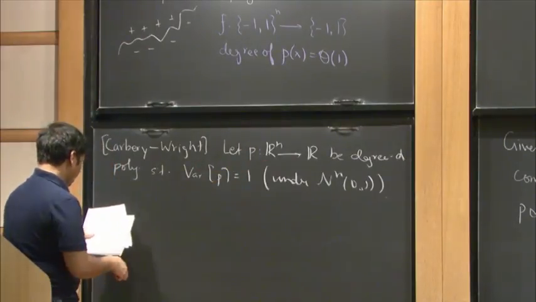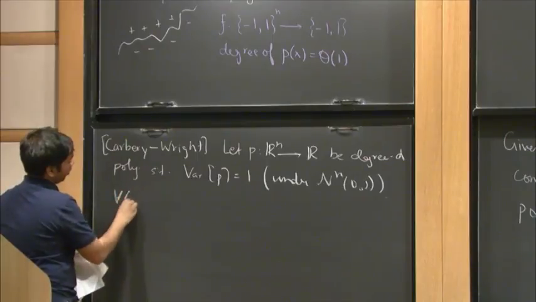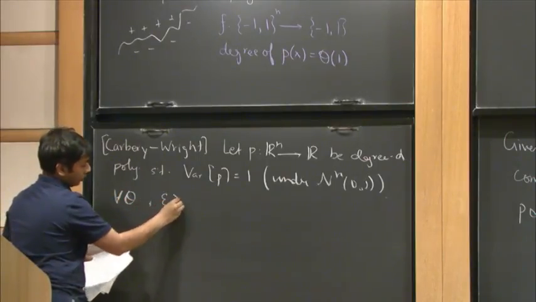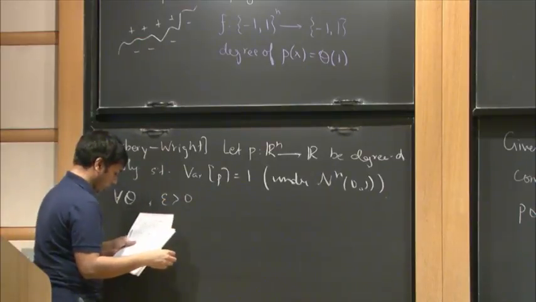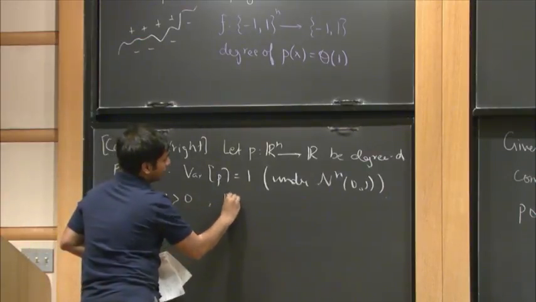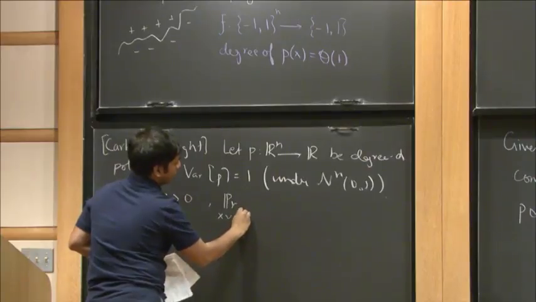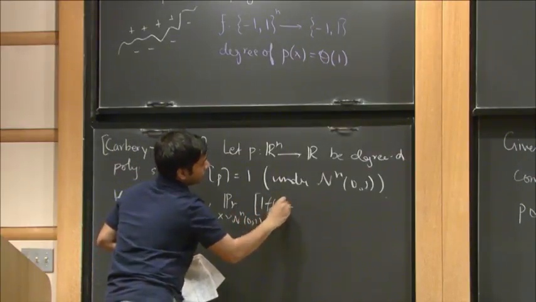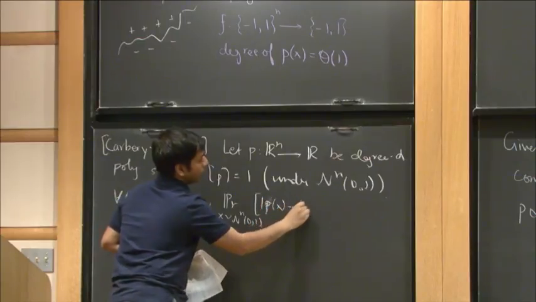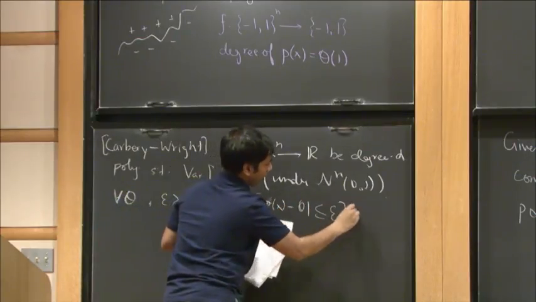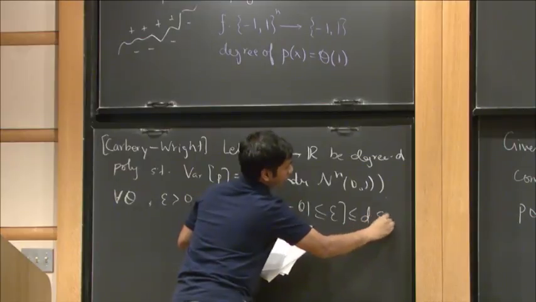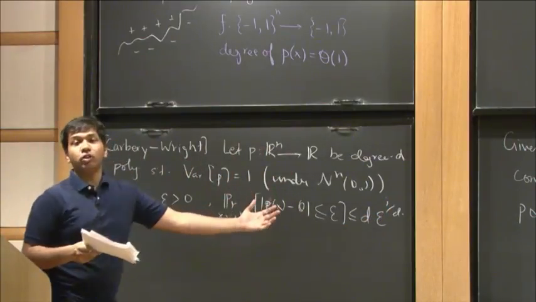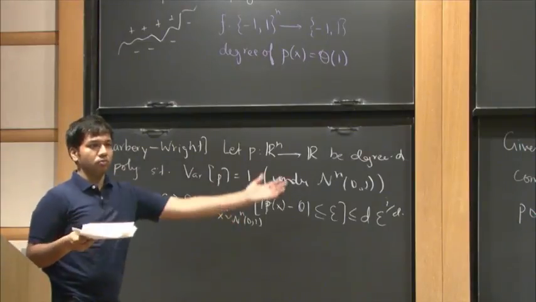And then the Carbery-Wright theorem says for every theta and epsilon greater than 0, theta can be anything, epsilon has to be greater than 0, the probability that P(x) minus theta is less than or equal to epsilon is upper bounded by D times epsilon to the 1 over D. Meaning you choose any threshold theta, let's say equal to 0.